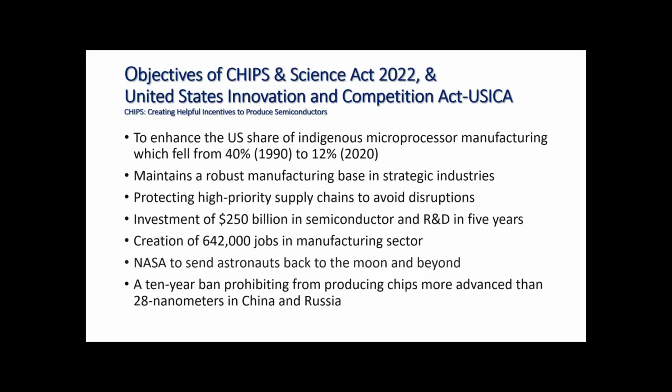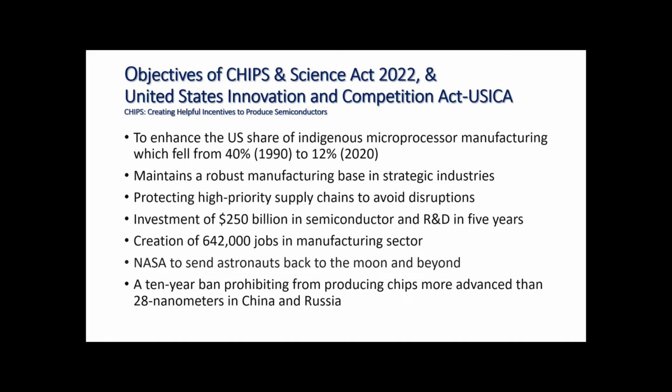And the most important part for the rest of the world is that they are putting a 10-year ban prohibiting China and Russia from producing chips more advanced than 28 nanometers. The recent development is still at 4 nanometers, and this development is at a halt just because of electron jumping, and it is not going further.